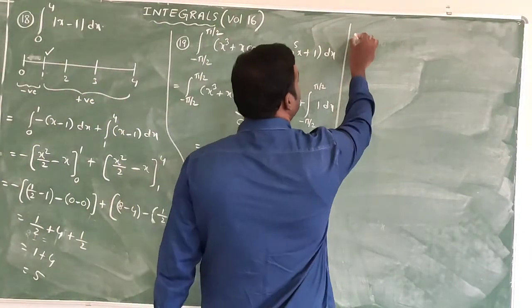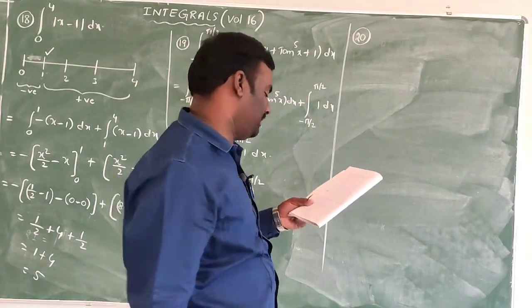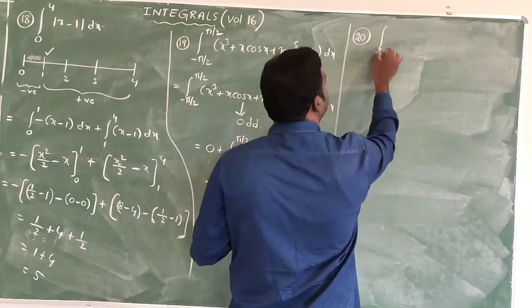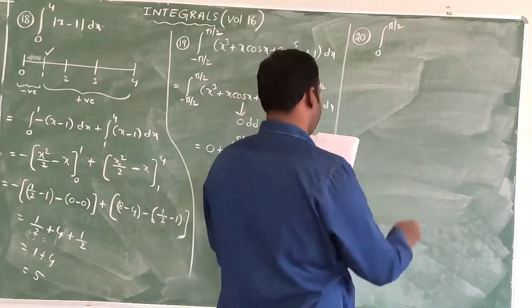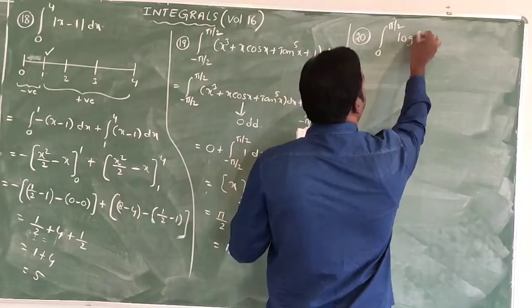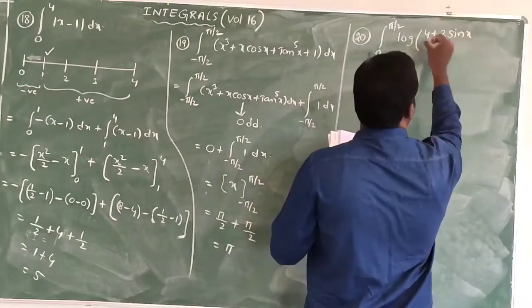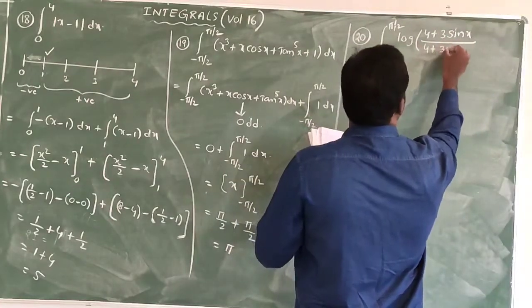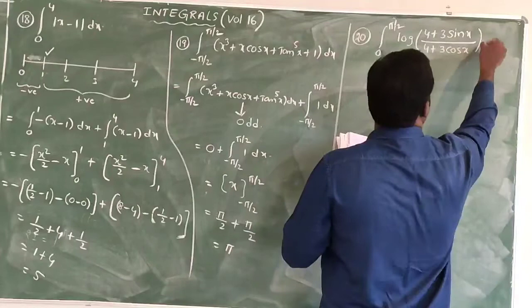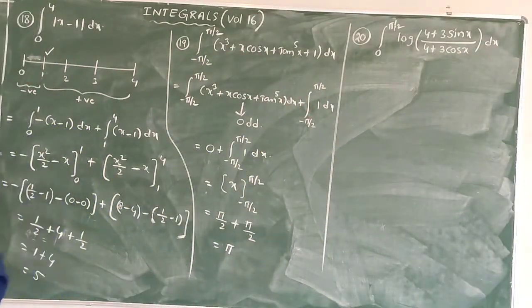Now, the last question in this exercise, question number 20. Evaluate integral 0 to pi by 2 of log of (4 plus 3 sin x) by (4 plus 3 cos x) dx.